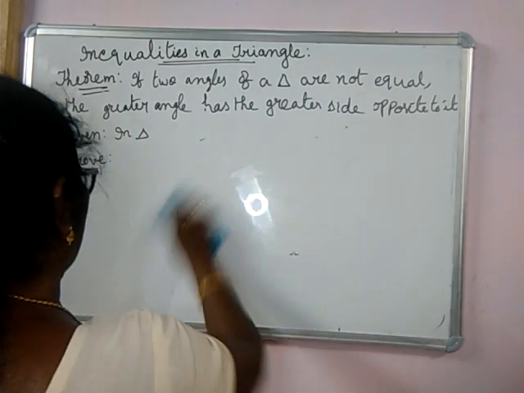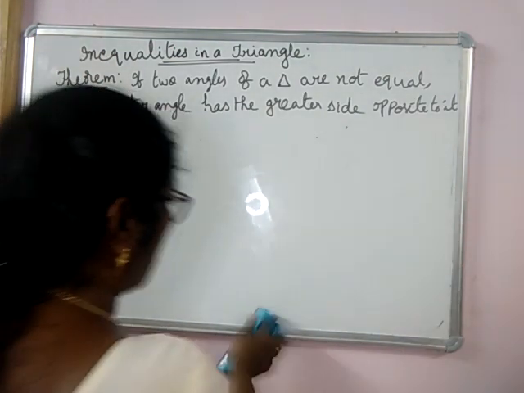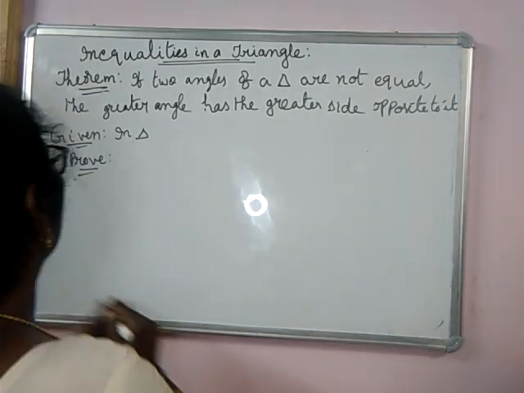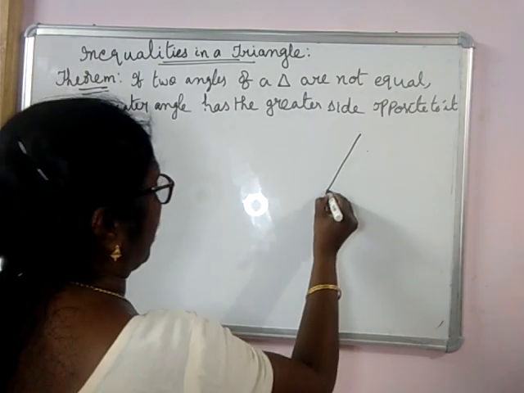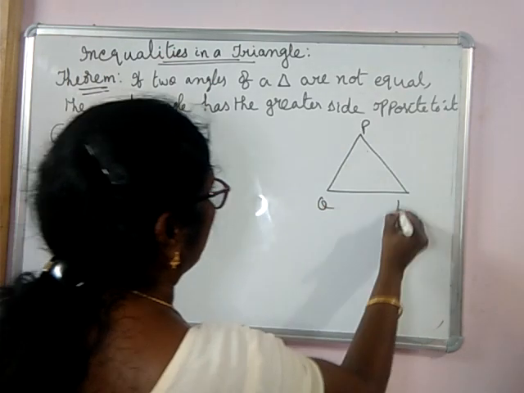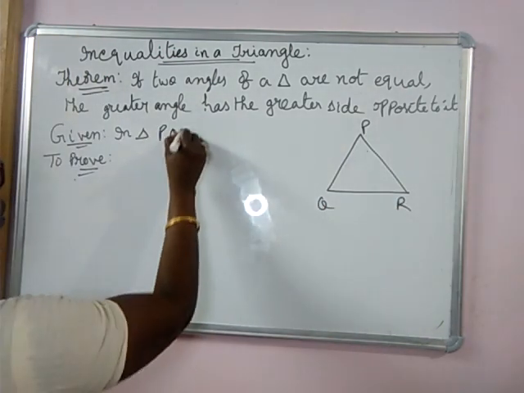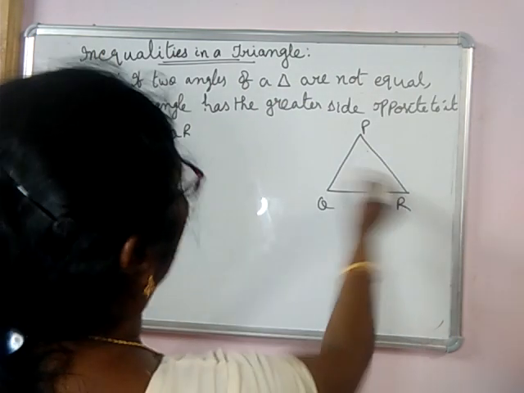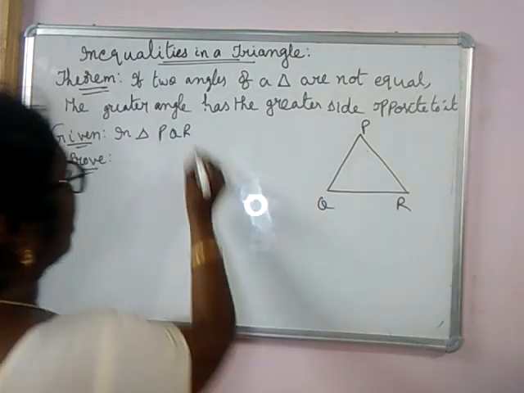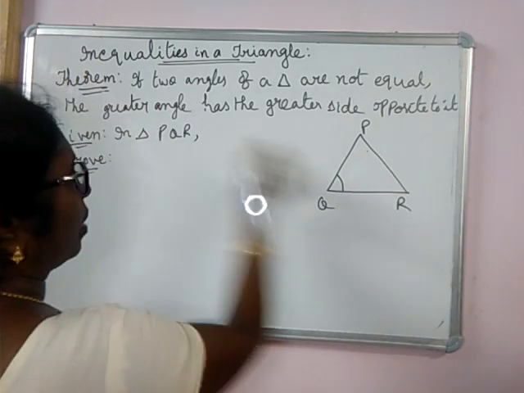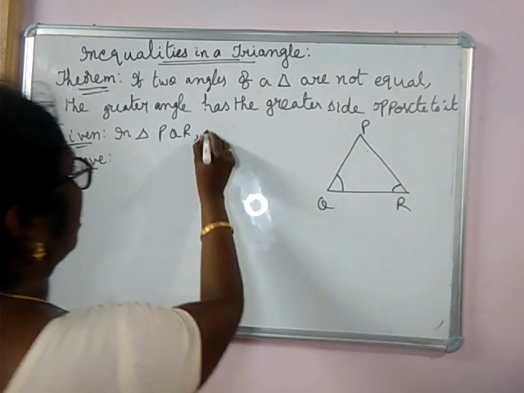Unlike other proofs, I am going to explain a very interesting proof here. Let me take triangle PQR. In triangle PQR, what is given? If two angles of a triangle are not equal, let us think that angle PQR is greater and angle PRQ is smaller.